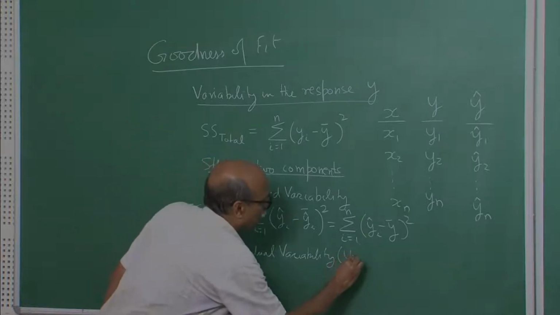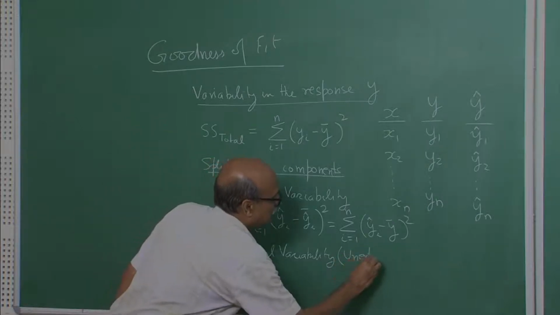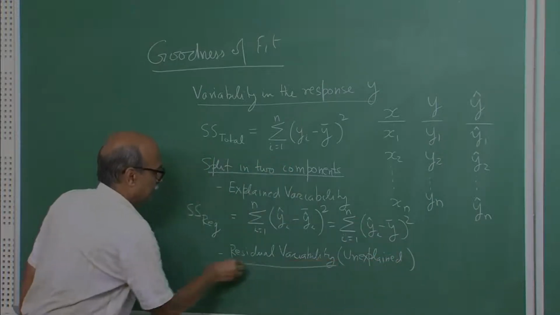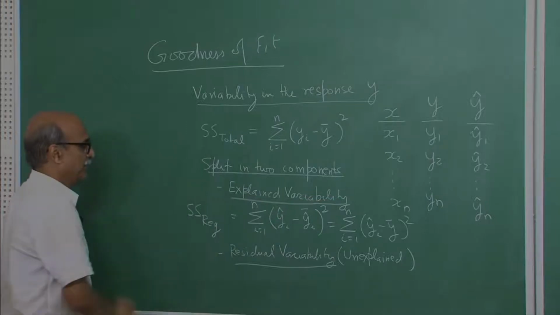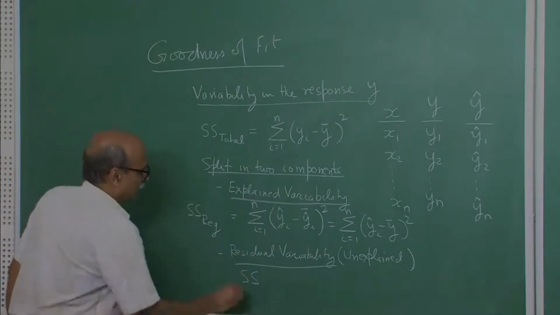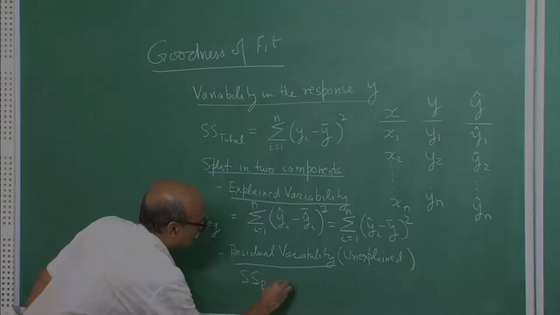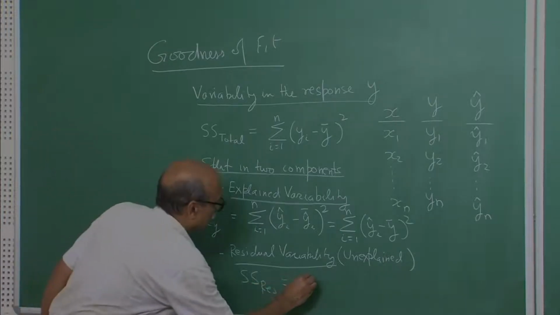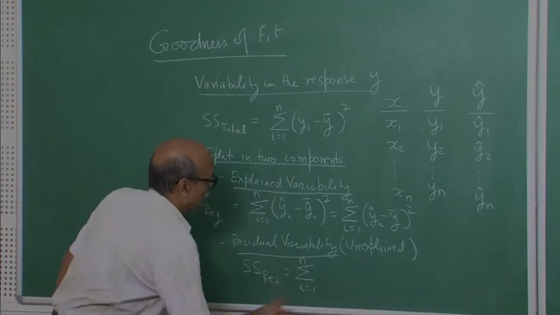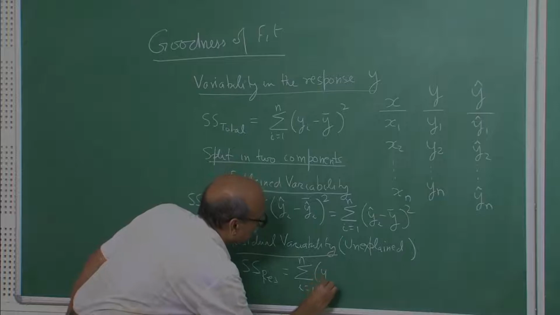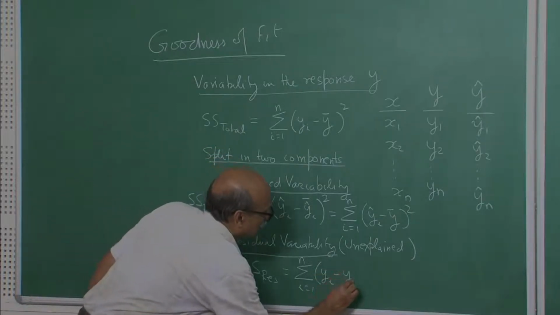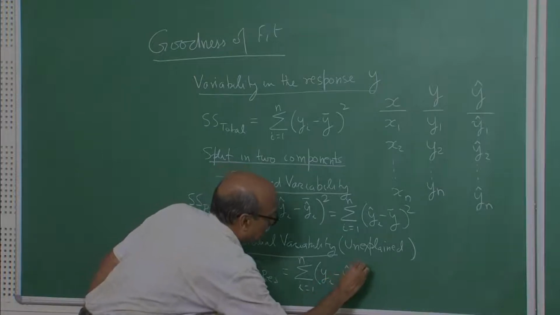Alternatively, one can also call it the unexplained variability, and this is simply abbreviated as the sum of the squares of the residuals, which we have already seen, and which is equal to the sum over 1 to n of yi, the measured response, minus the predicted response, squared.